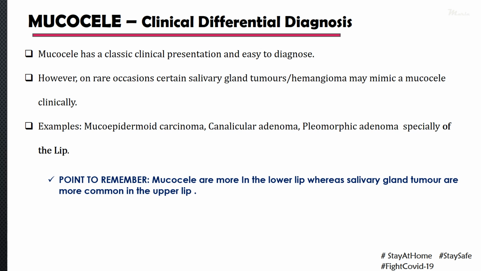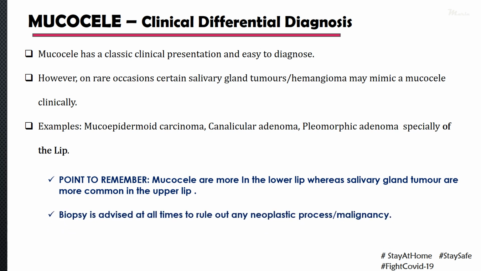So whenever we come across a swelling of the lower lip, we should consider it more likely to be a mucocele, whereas if we find a swelling of the upper lip, it would more probably mean that it is a salivary gland tumor rather than a mucocele. So biopsy is advised at all times to rule out any neoplastic process or malignancy.